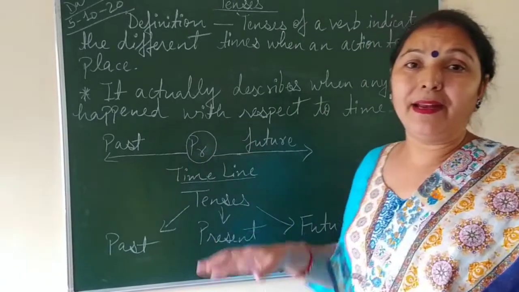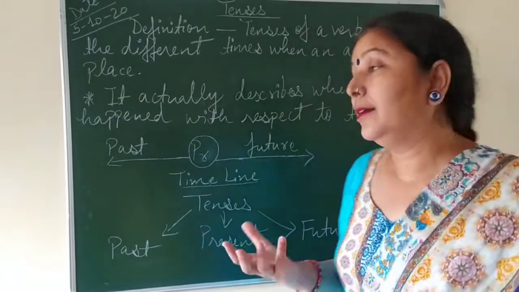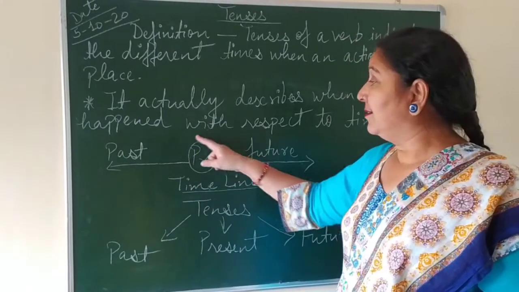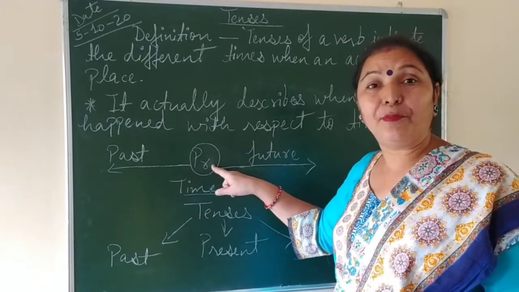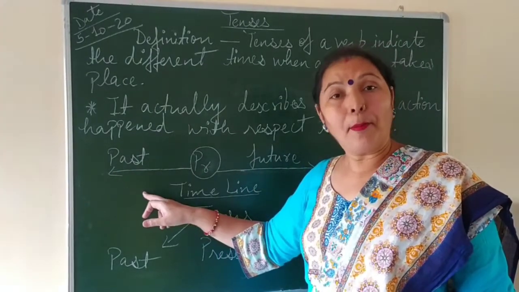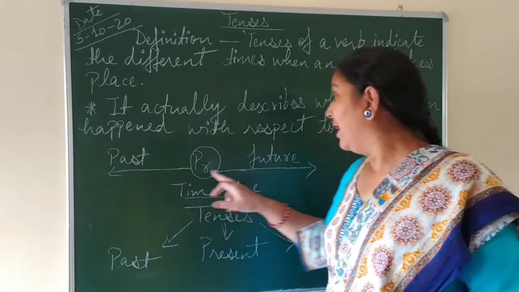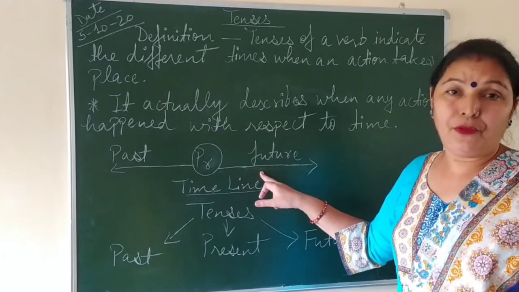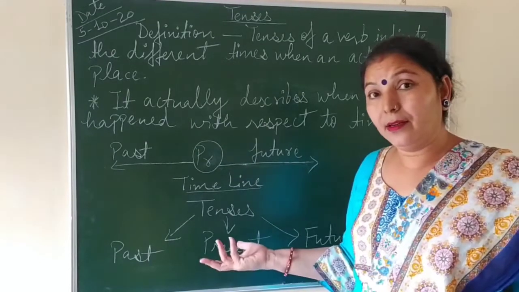So through this timeline, it will be more clear what it means. In this timeline, this circle denotes PR, that is present. To its right is past. And to its left is future. What does it mean?